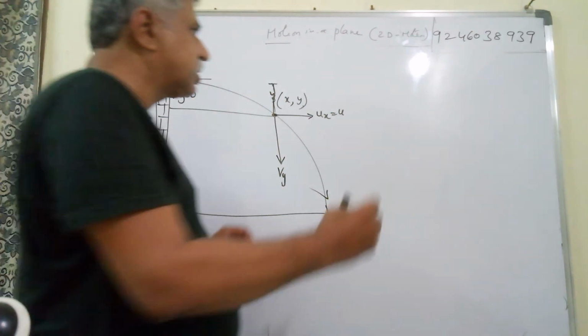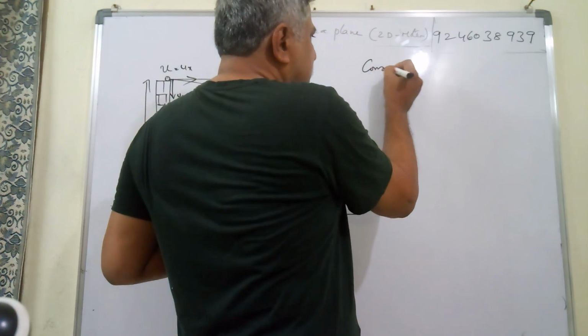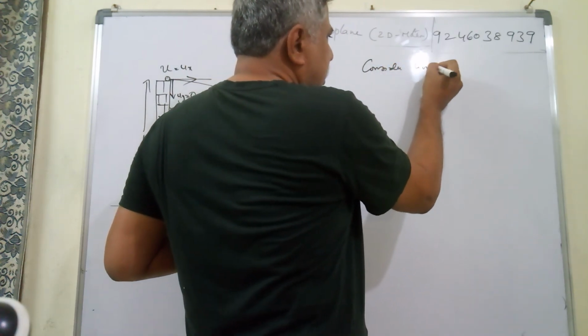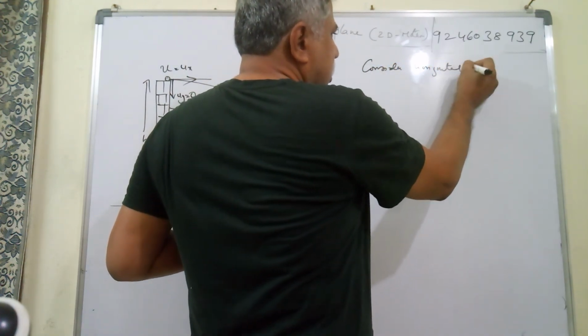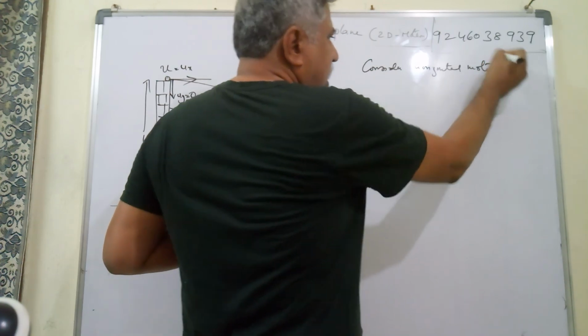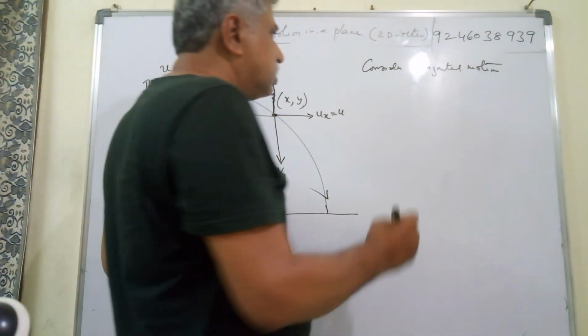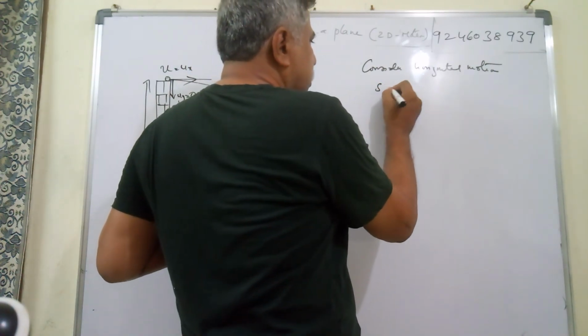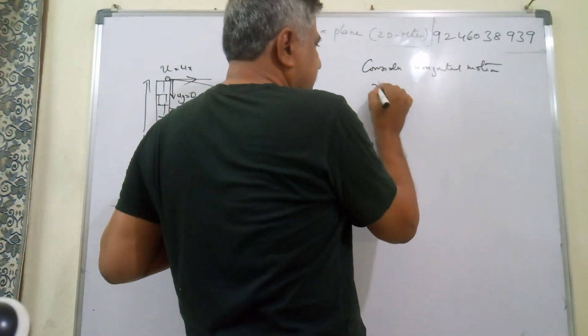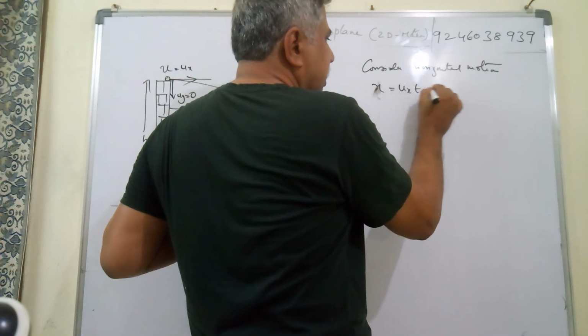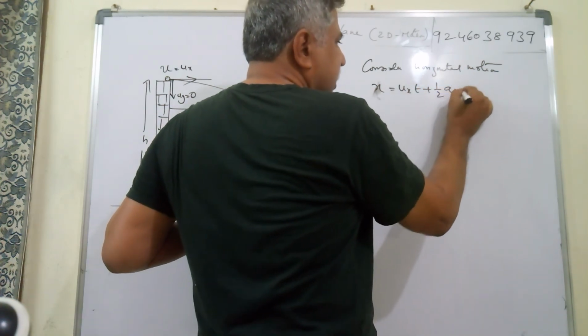Now we consider horizontal motion. S, that means x here, is equal to uxt plus half axt square.